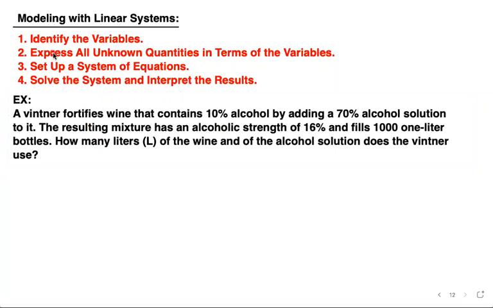So first step, I have to identify the variables. First thing, I have the maker of the alcohol. He has a small bottle like this.